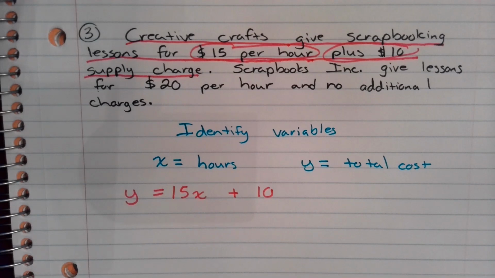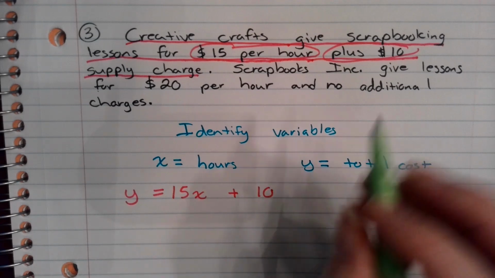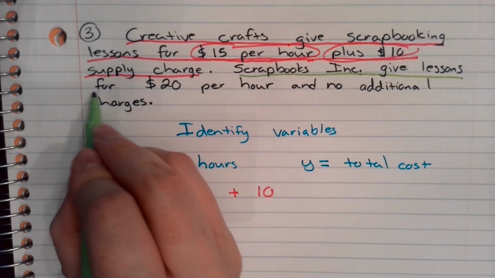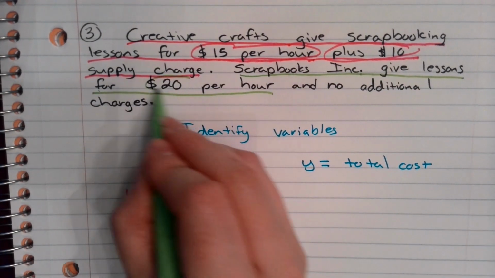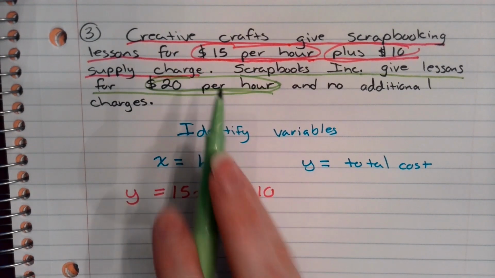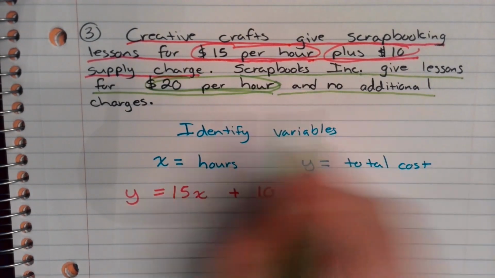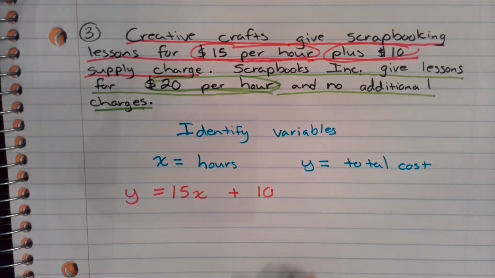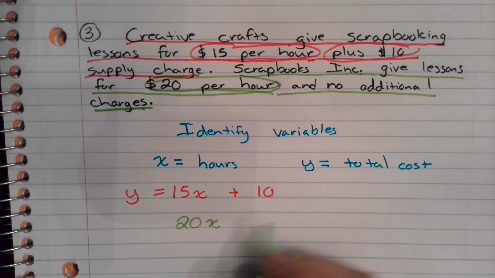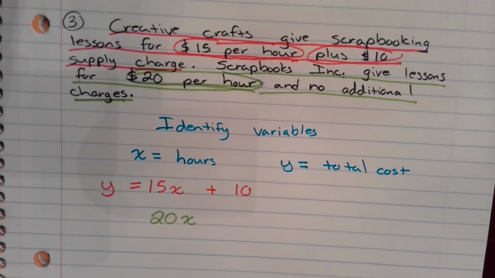Okay, my second store, Scrapbooks Incorporated, they're going to give me lessons for $20 per hour. So that's every hour I'm paying $20 and no additional charges. So $20 for every hour and no additional charges means I don't have anything that I'm adding to this.